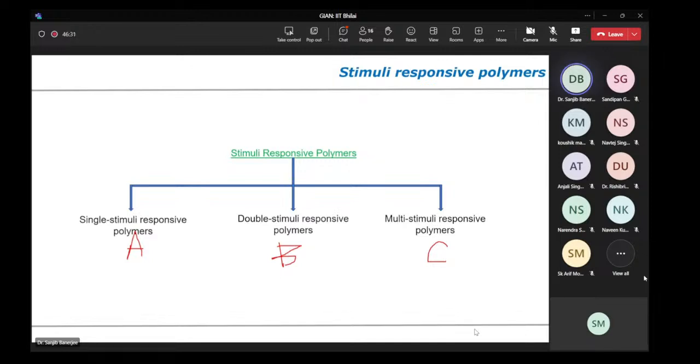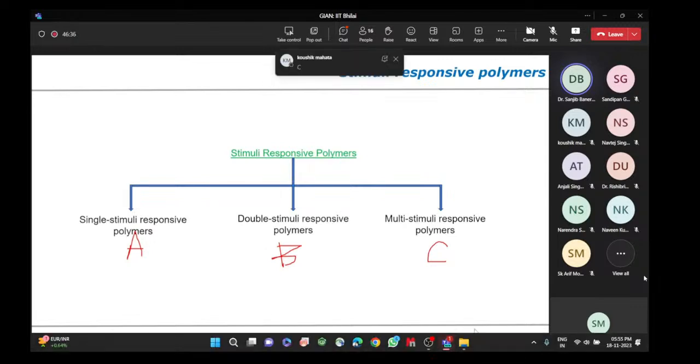Or if I rephrase, which of these A, B, C is a preferred polymer for the application, right? You need to write the order. ABC, CBA, BAC, whatever, right? Now you have 2 minutes to answer in the chat option. Write which one is preferred for the end application.